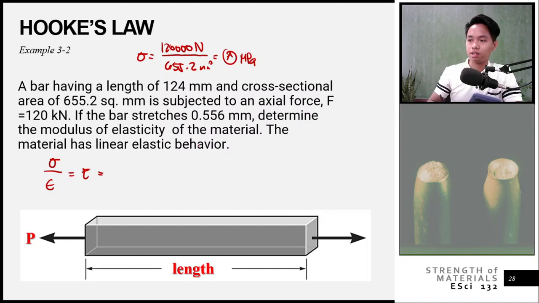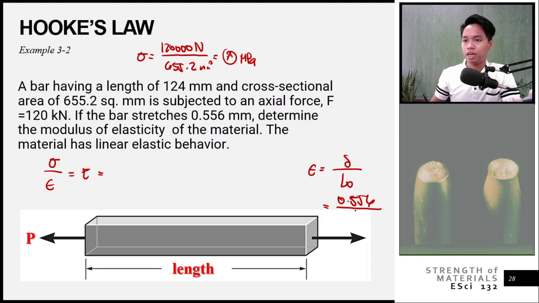And then for our strain, that would be the deformation over the original length. Our deformation is 0.556, and the original length is 124 millimeters. So therefore, what is our strain?